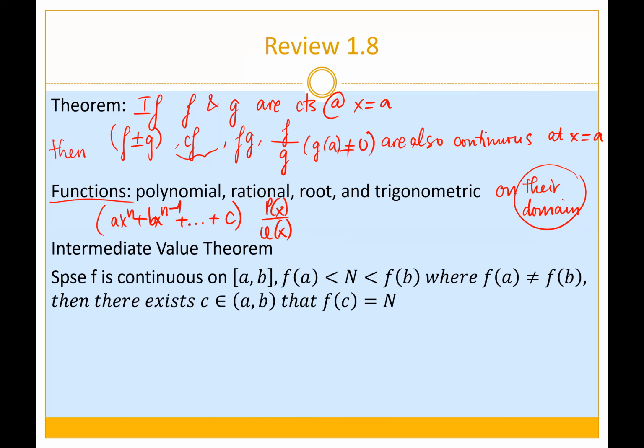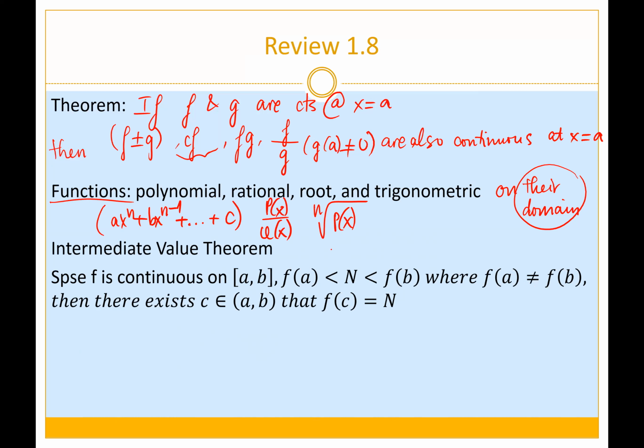And then we have the root function, which is maybe the nth root of p(x). What you have to be careful about here is that it's not that important for an odd root, because you don't need the expression inside the root to be positive. But for the expression inside an even root, say a square root or maybe the fourth root, you need the expression to be non-negative.